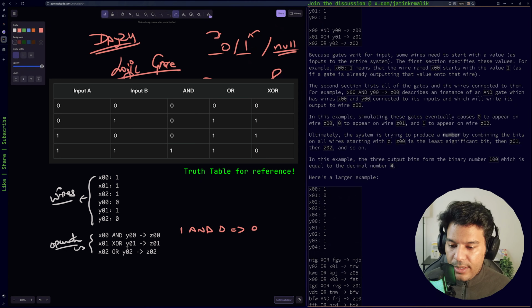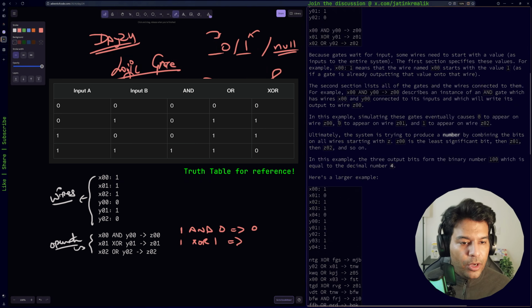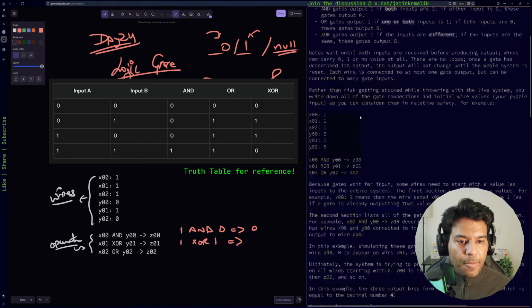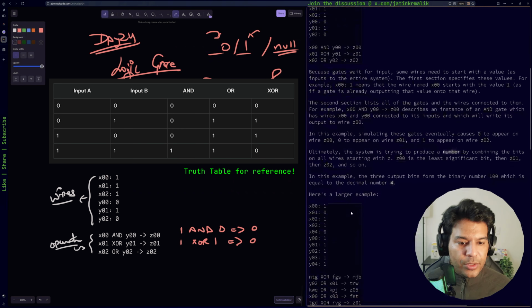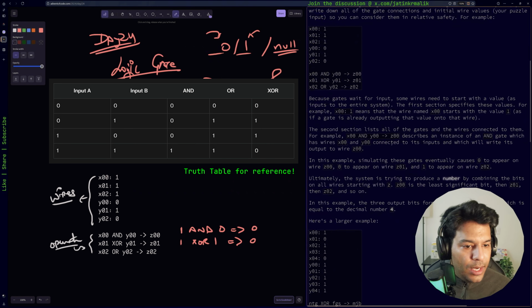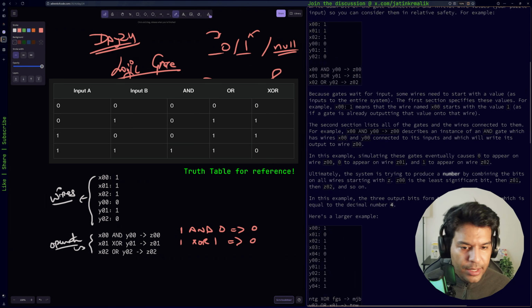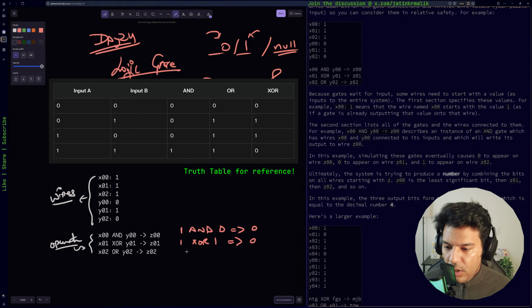Similarly, x01 XOR y01. x01 is 1 and y01 is 1, so it is doing 1 XOR 1. In exclusive OR, we just read that it will only give the output 1 if the inputs are different. If the inputs are the same, it will output 0. So we get the output 0. And x02 OR y02, so 1 OR 0.